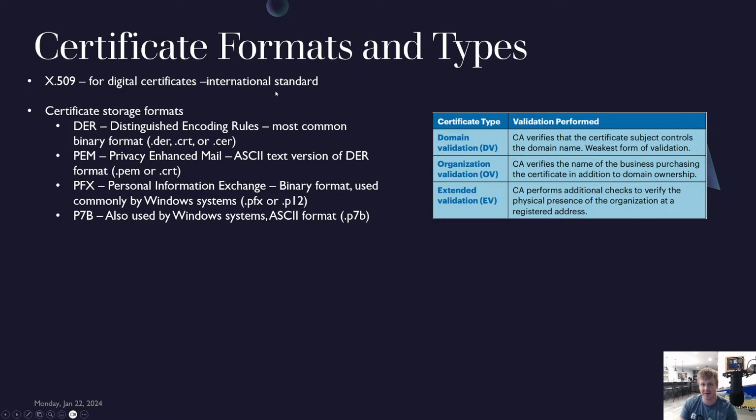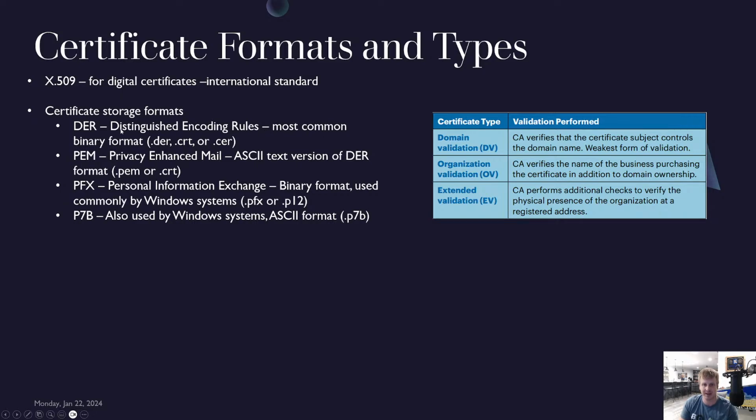Storing X509 certificates varies depending on the operating system and depending on what service is using those certificates. So you have two different kinds that are pretty much universal, the DER and PEM, and they're just stored in a slightly different format.